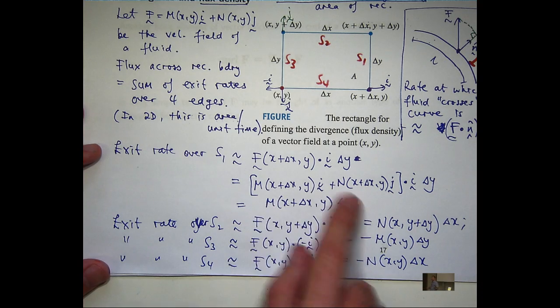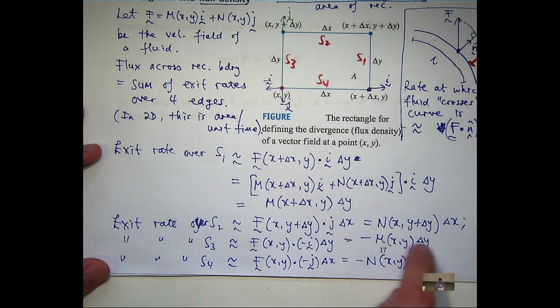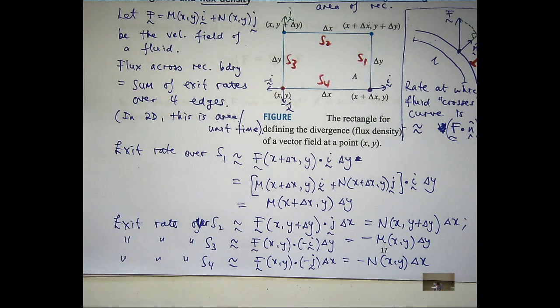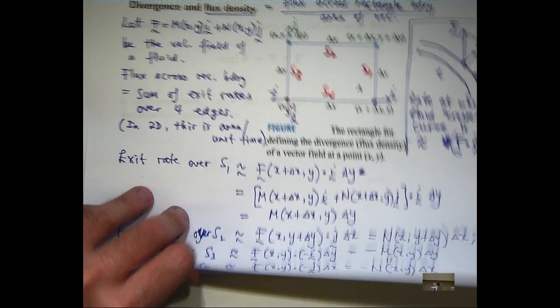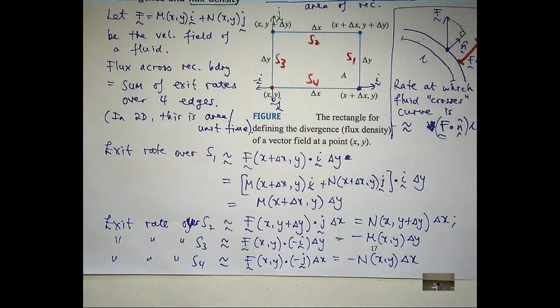Okay, now if I add this and this, you can see I've got a common factor of delta y. If I sum this and this, I've got a common factor of delta x. So let's see if we can use that. Okay.